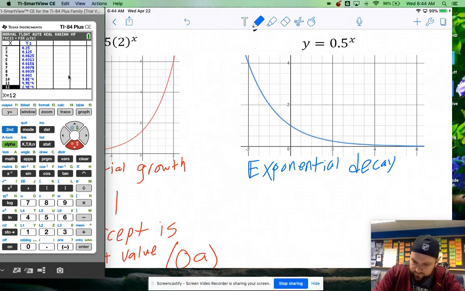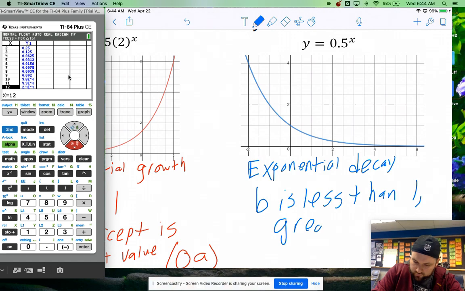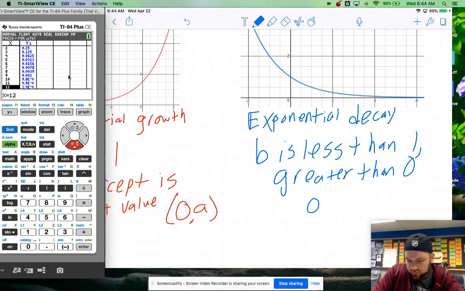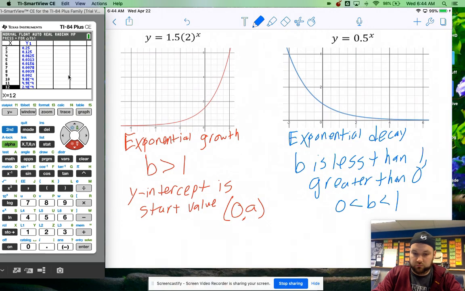So what we're going to say for this is b is less than 1, but greater than 0. So in mathematical terminology, it looks like this. So b is somewhere between 0 and 1 is when you get exponential decay.